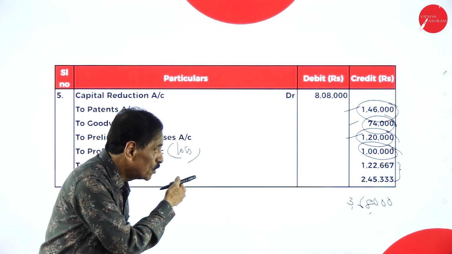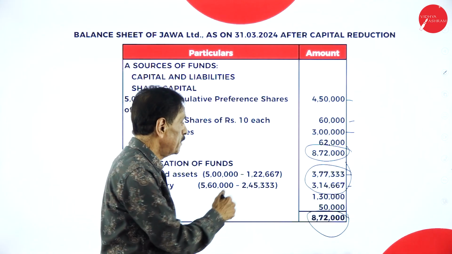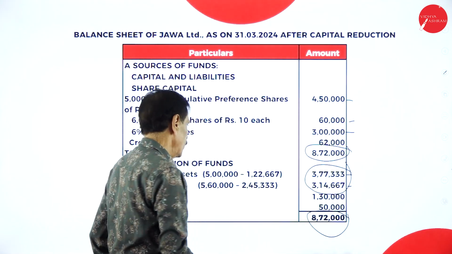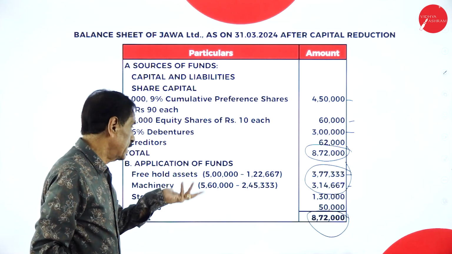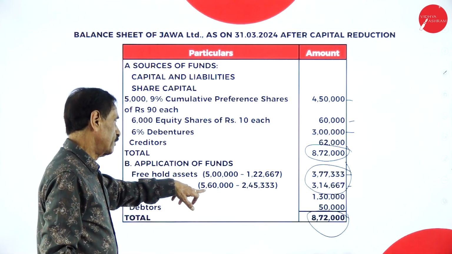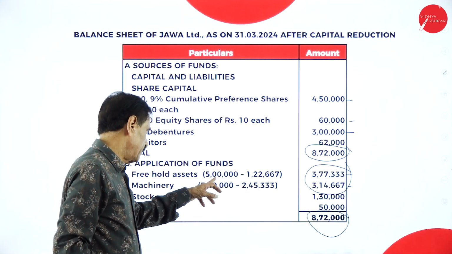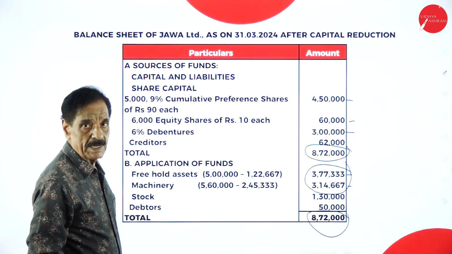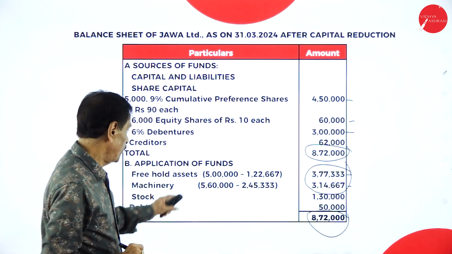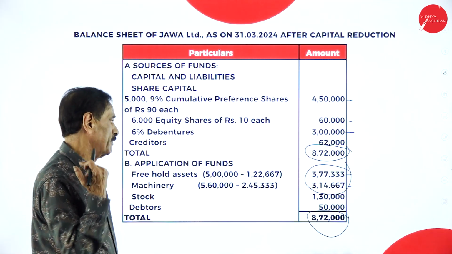Another one will get 2,45,333. Then the same amount has been deducted here. Whatever amount has been raised in the ratio of freehold asset and machinery, 5 lakh to 5,60,000. If we cancel the 3 zeros, 500 to 560 will come. The ratio will be 500 to 560. We have distributed whatever amount was available.